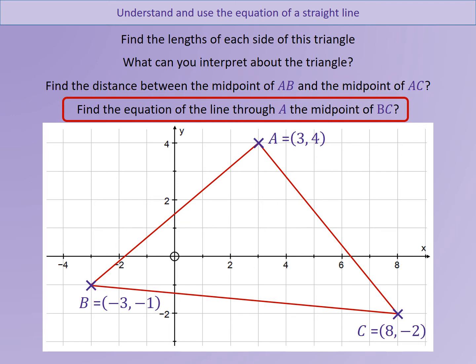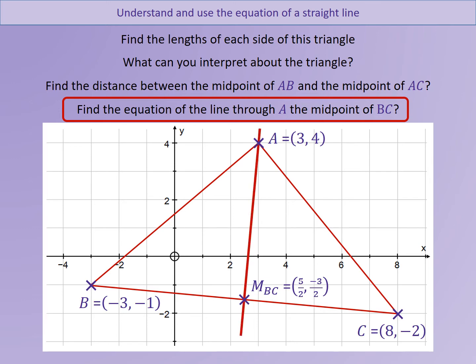Finally, find the equation of the line that goes through A and the midpoint of BC. So here is my midpoint between B and C, (5/2, -3/2), and then you can use any of the three methods that I've shown you earlier on to find the equation of a line.